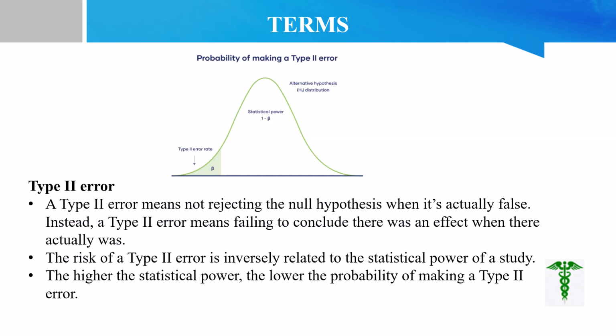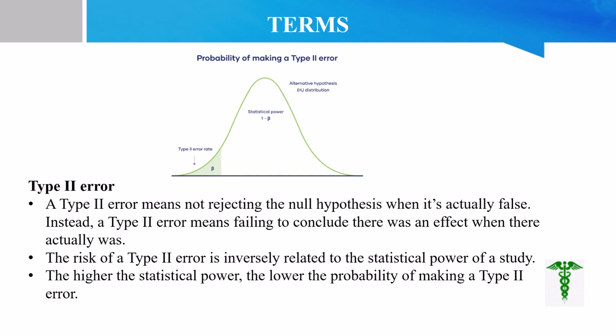This is the type 2 error distribution pattern, which we call the alternative hypothesis distribution. As we already said, the type 2 error rate is represented by beta. Type 2 error means not rejecting the null hypothesis when it is actually false, that is, failing to conclude there was an effect when there actually was.